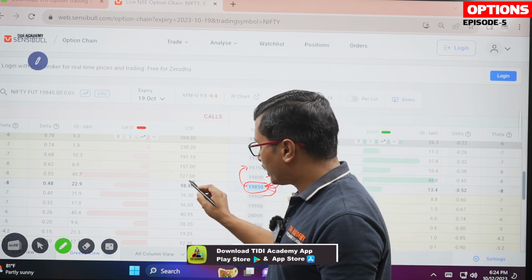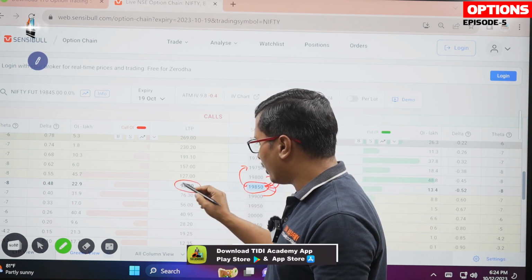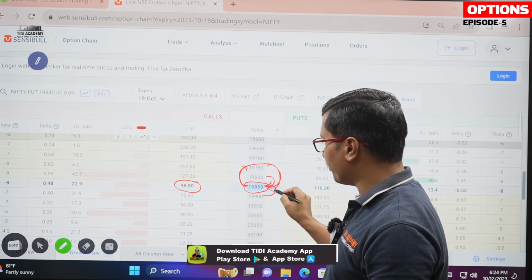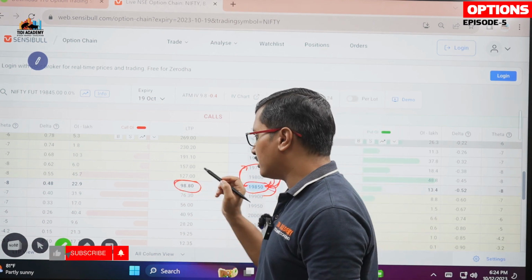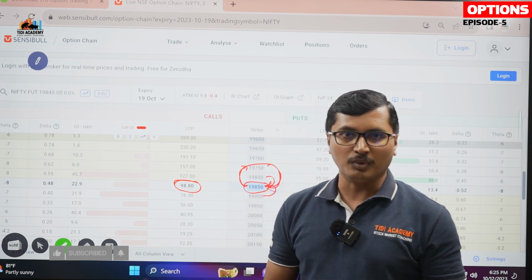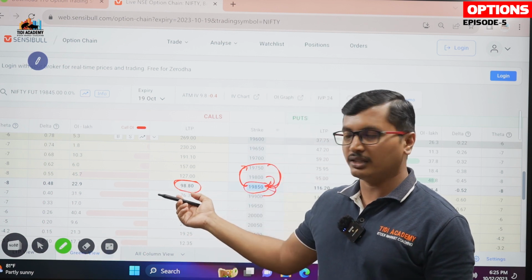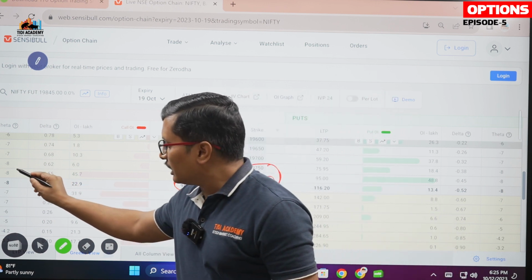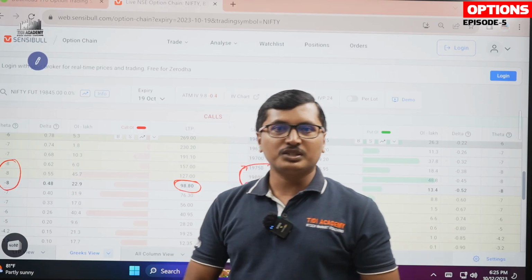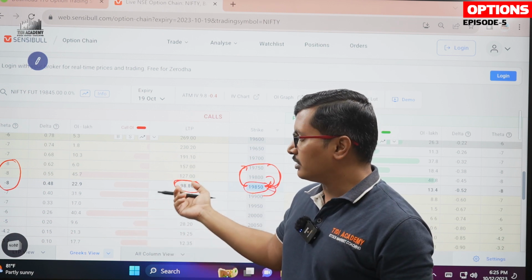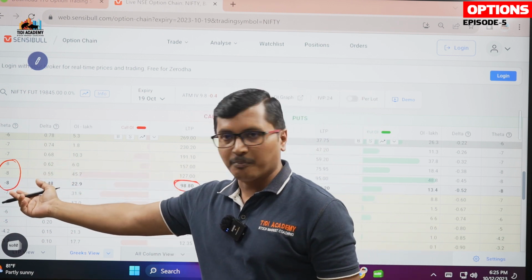If I bought in the morning and the market went to 750 and came back to 850, your premium will not be the same as when you bought in the morning. It will have decreased. How much it decreases, that is told by theta: how much premium gets decreased in this LTP is shown by the theta.